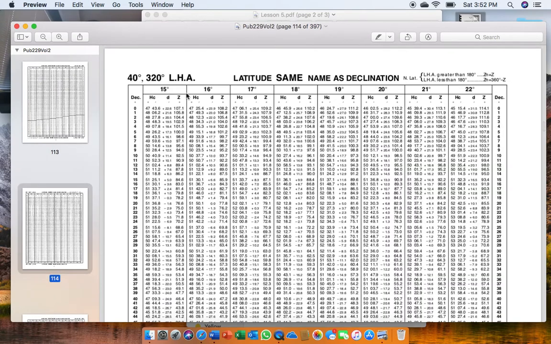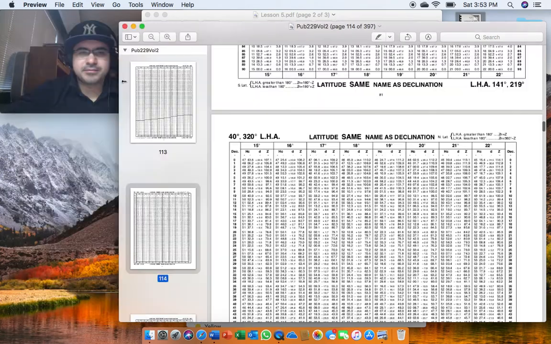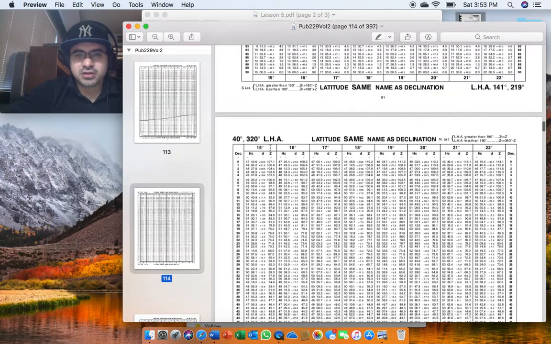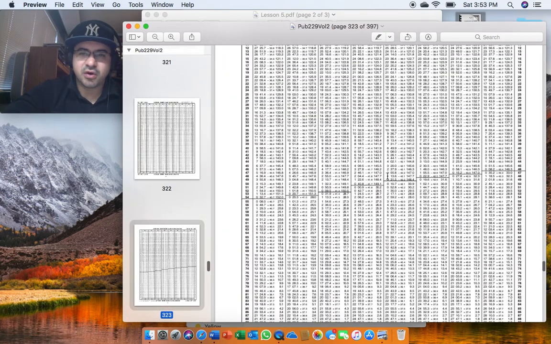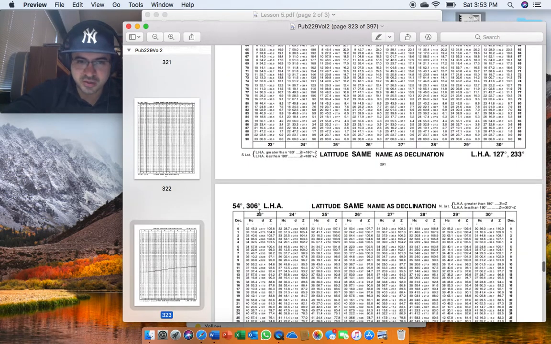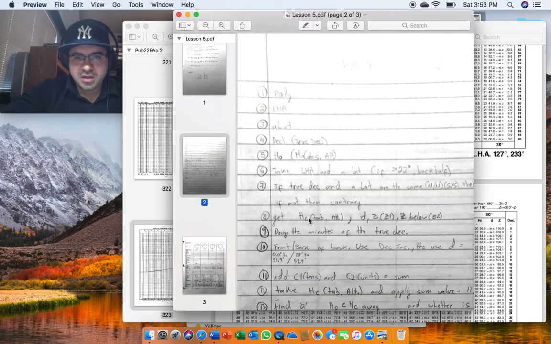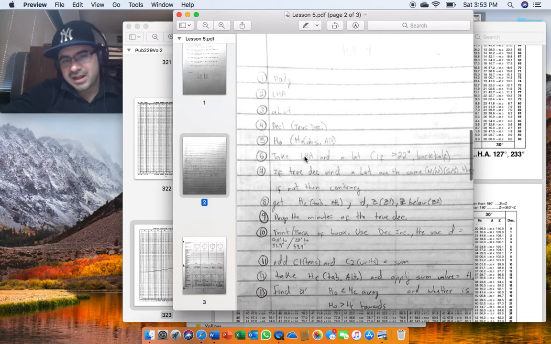The way that you use this book is, if you look at it, it goes from 15 to 22 on the first half of the book, and if you go all the way to the back, it goes from 23 to 30, right? So you have to take your LHA and your A latitude.